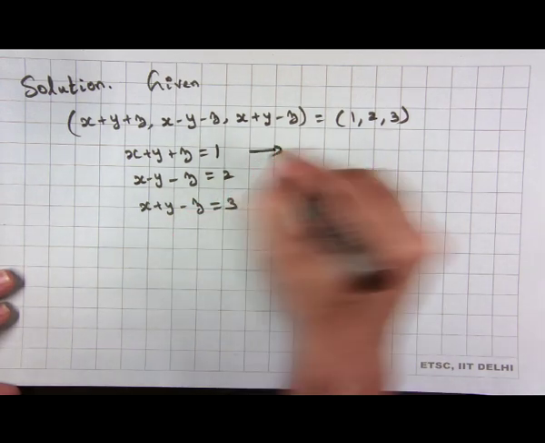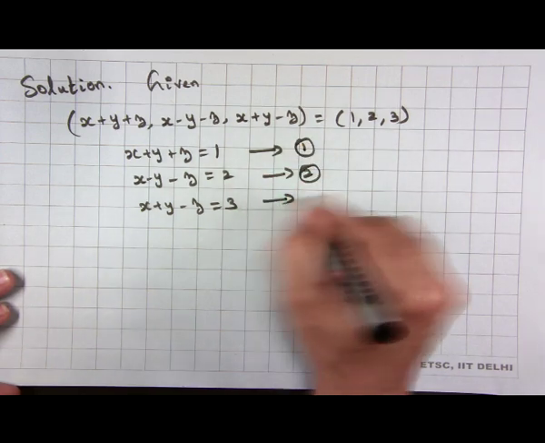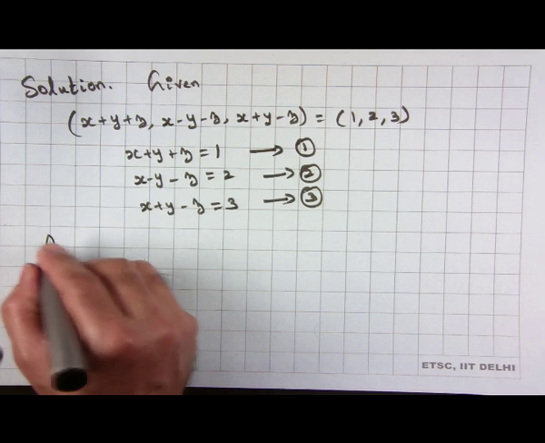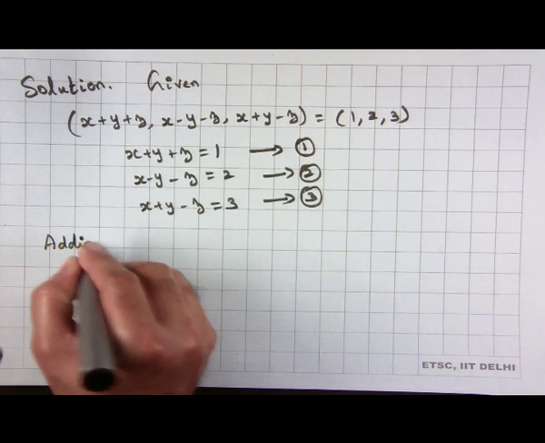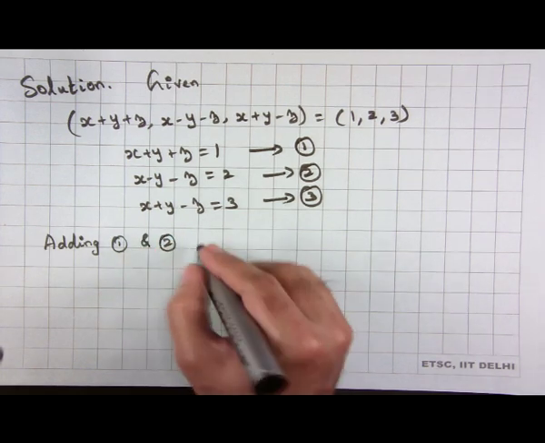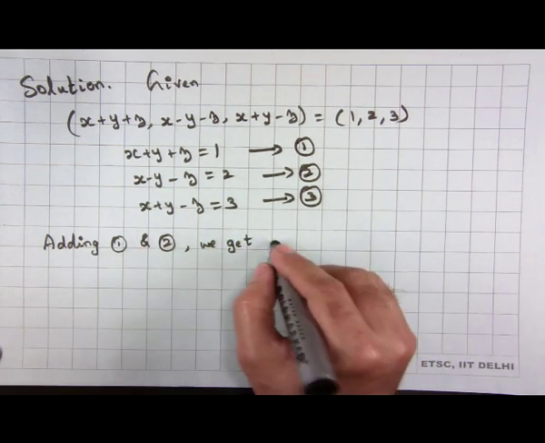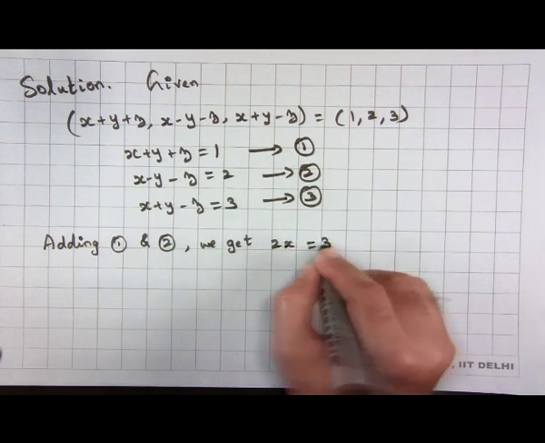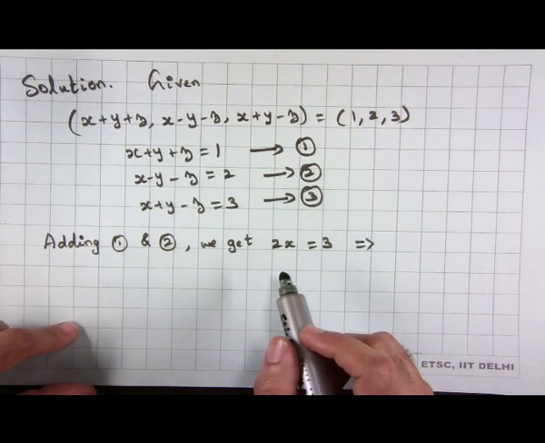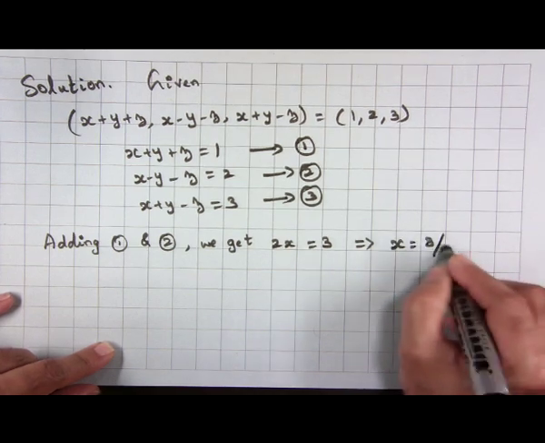Let me number the equations 1, 2 and 3. Adding 1 and 2, we get 2x equal to 3, that implies that x equal to 3 by 2.